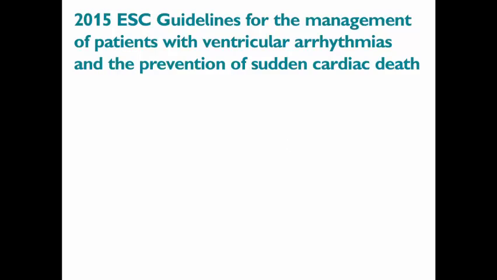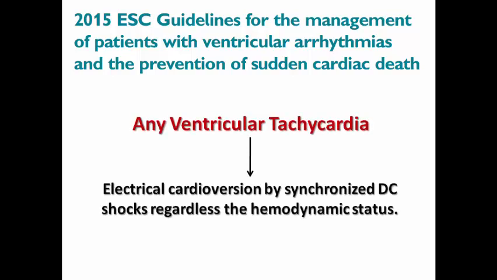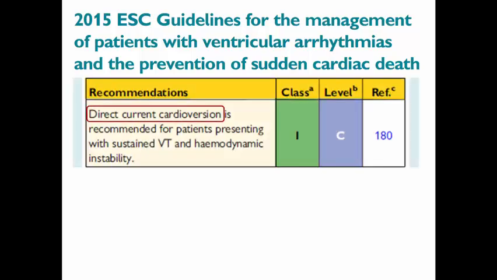In the 2015 ESC Guidelines, which were the previous guidelines for management of patients with ventricular arrhythmias, they stated that any ventricular tachycardia should receive immediate electrical cardioversion by synchronized DC shock regardless of the hemodynamic status. So they stated that DC cardioversion is a class 1 for any patient with sustained VT and hemodynamic instability.